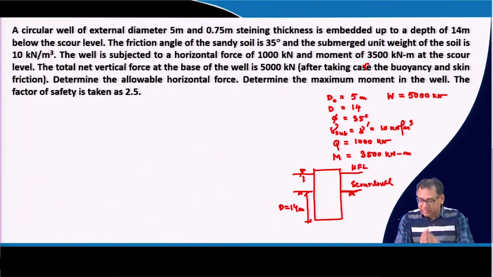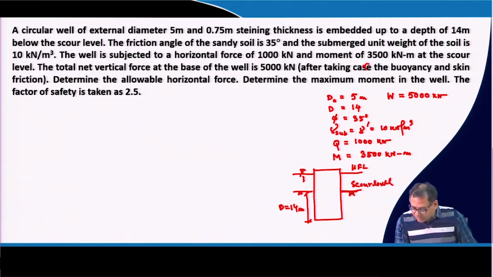So, the buoyancy is neglected, and skin friction is also taken care of. The total net vertical force acting at the base of the well is 5000 kilonewton. Determine the allowable horizontal force and the maximum moment in the well, with a factor of safety of 2.5.